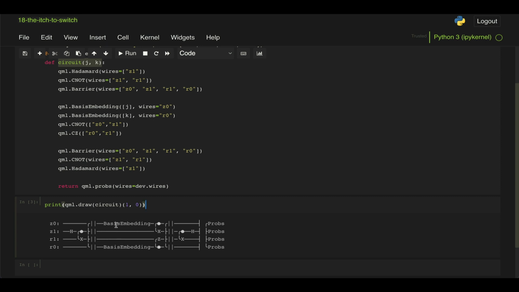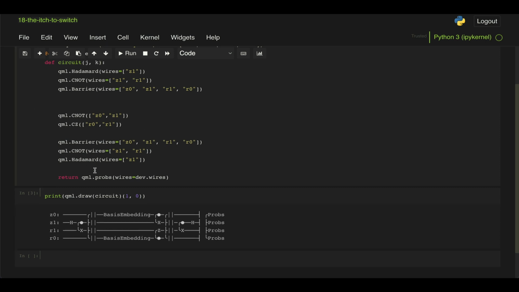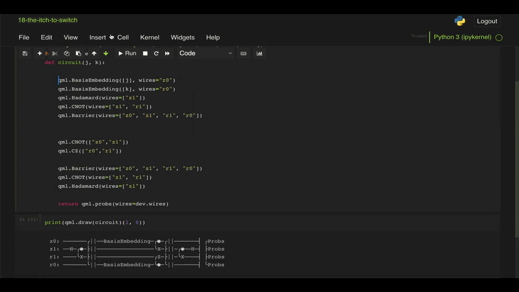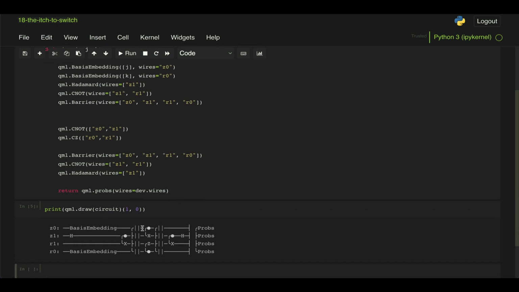Now, it would seem a little bit clearer if I put this basis embedding at the beginning, right? So it matches better this circuit, but the idea is the same.